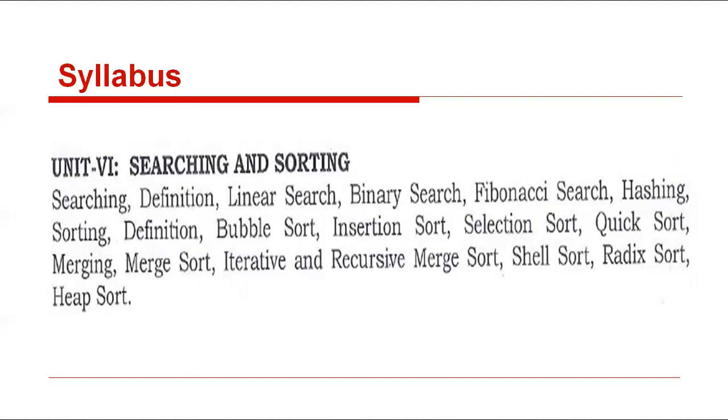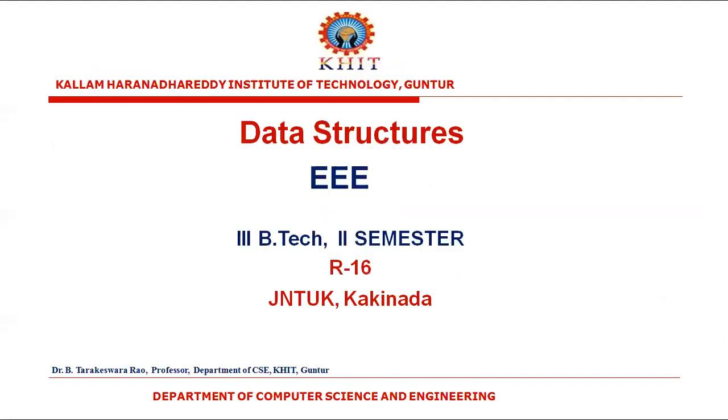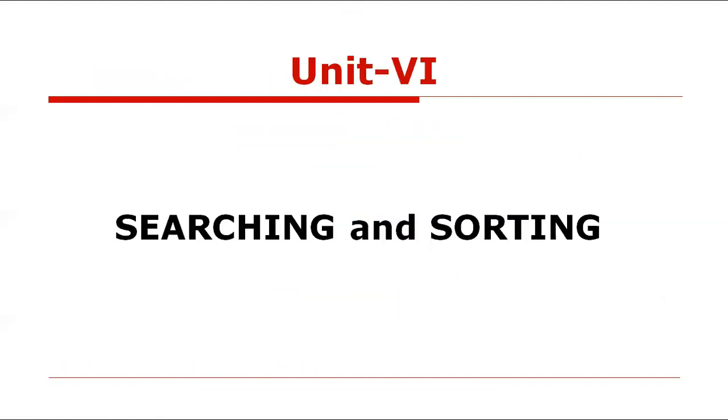Clear. These are all the sortings, then the above searchings. Searching and sorting techniques. Searching means to search for an element in an array or not, whether the array has the mentioned element or not.